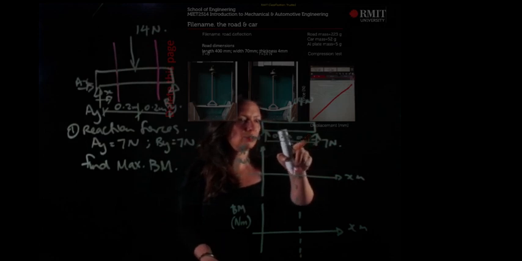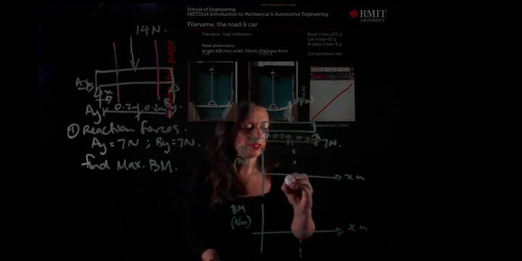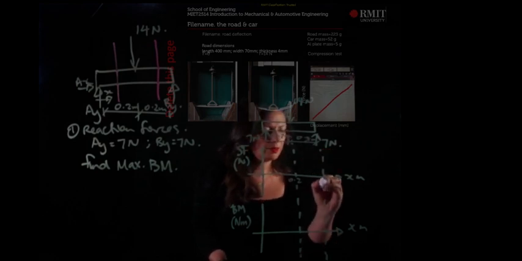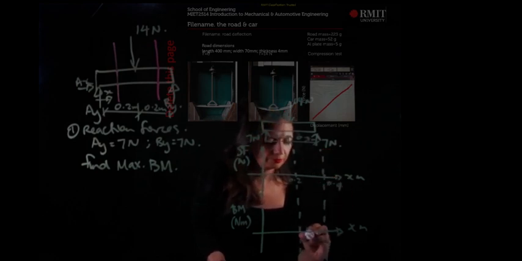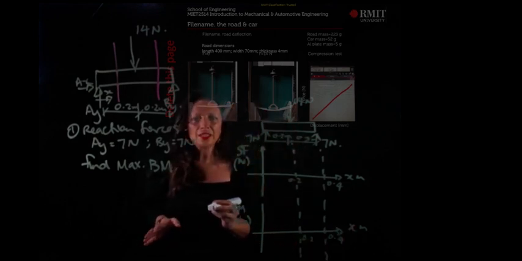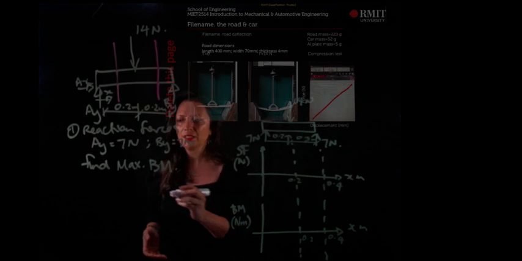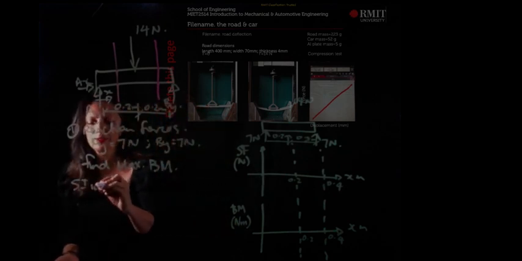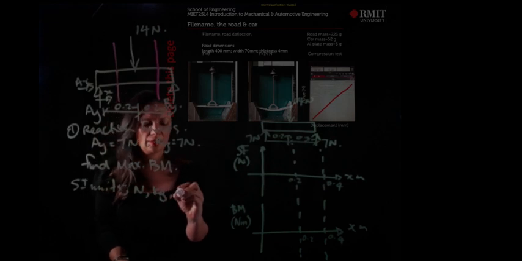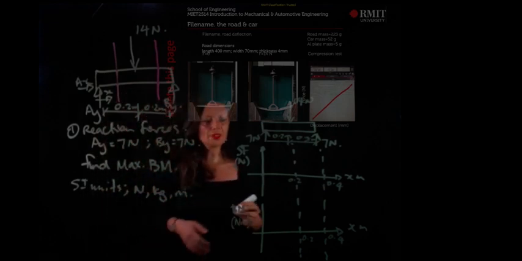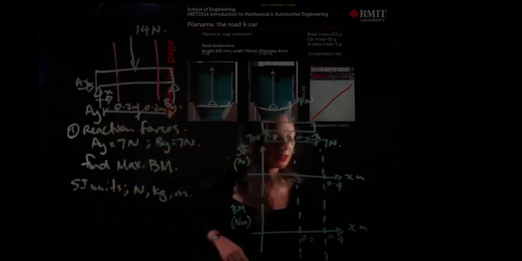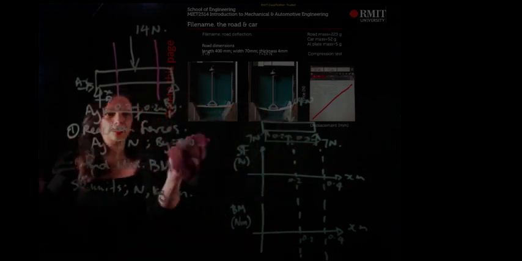Just write that down. So this is going to be 0.2, and this is going to be 0.4. Just keep everything in SI units for all your graphs. So SI units means we're going to use newtons, kilograms, metres. So what's the first thing that I'm going to do? I might actually just clean this part up.